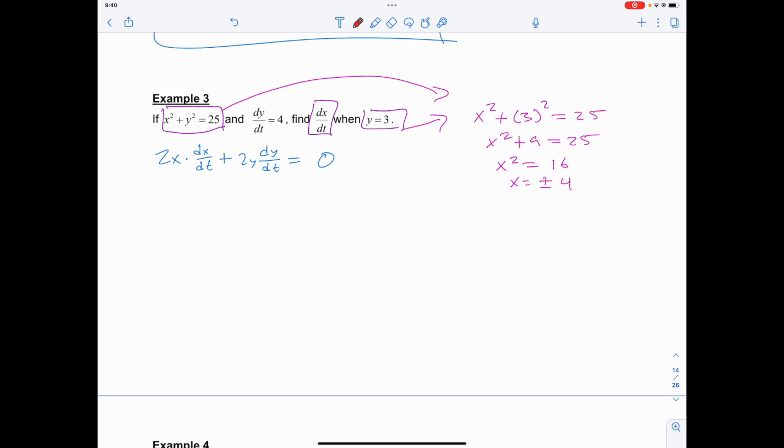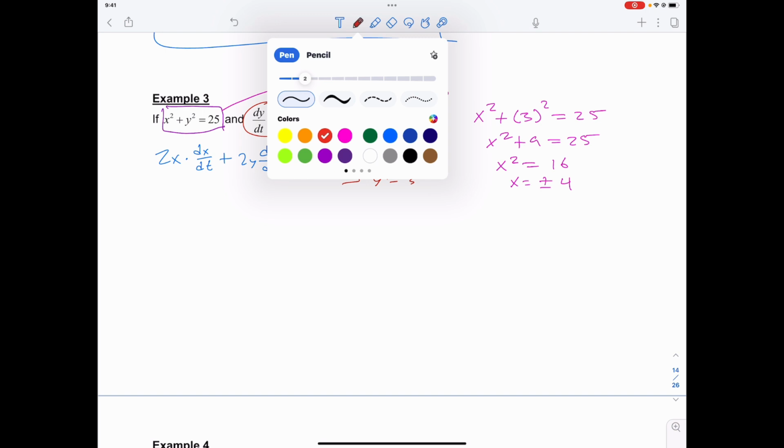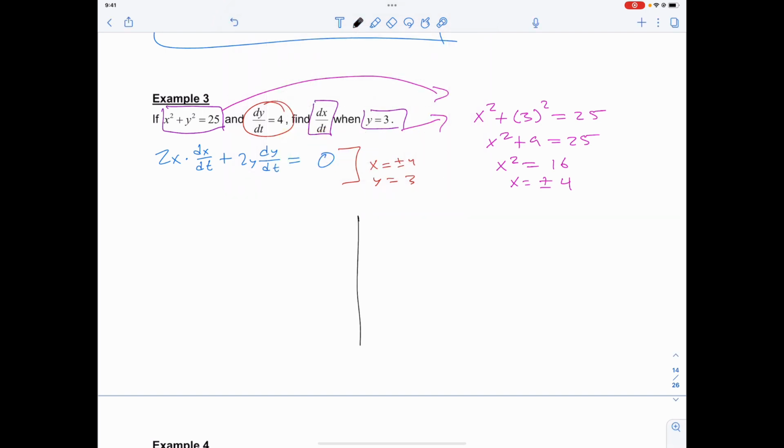We also know that x is equal to positive or negative 4. We know that y is equal to 3, and we know what dy over dt is. So I'm going to use this for my two possibilities.